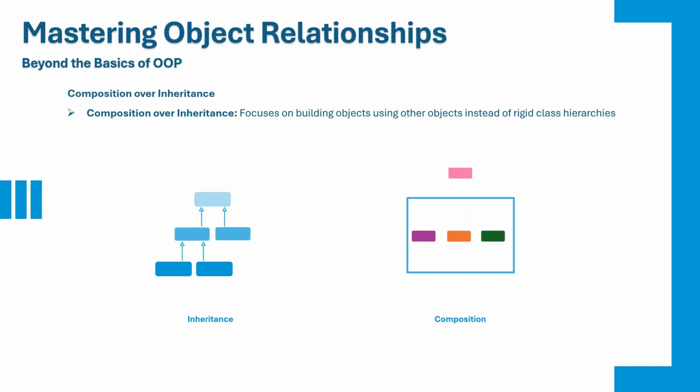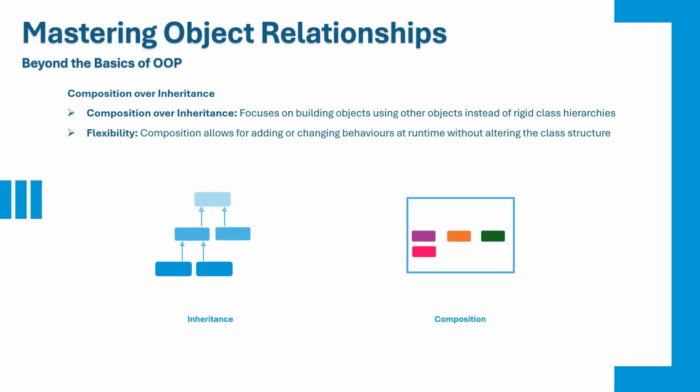Think about this. Inheritance describes an is-a relationship, while composition says an object has a particular functionality without rigid hierarchies. One of the biggest advantages of using composition over inheritance is flexibility. With composition, you can mix and match behaviors at runtime, allowing objects to evolve without needing to change class hierarchies.